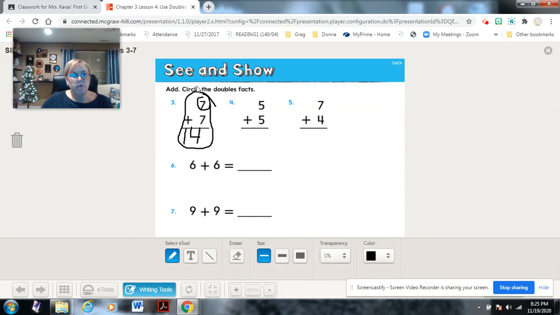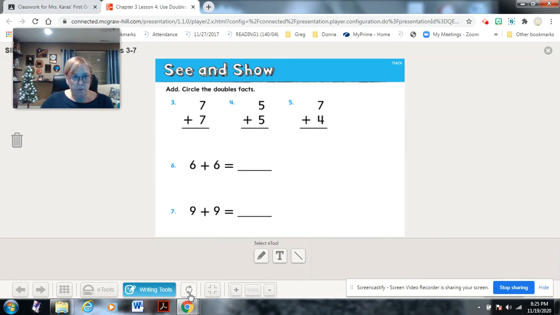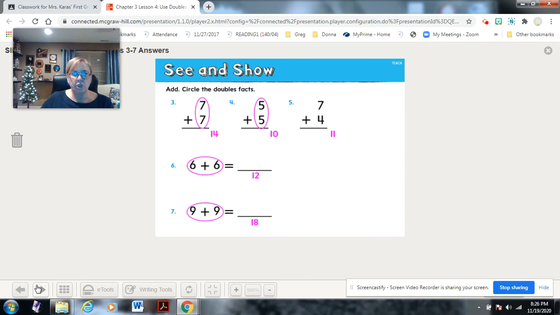If it's a double, circle the entire math sentence, okay? So you can pause it now and finish the rest of the math problems and then come back and check your answers. How'd you do? All right, if you need to, pause it now to check your answers.